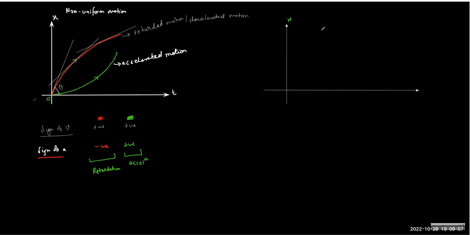Okay. So now the next most interesting one is this graph. Try to decode this graph. Let's say the point P is the point of inflection.